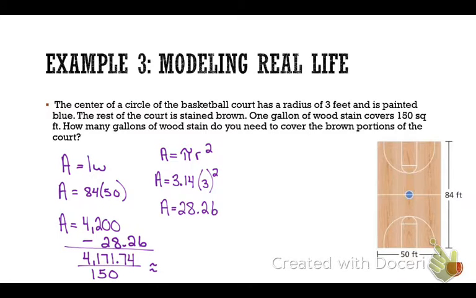Okay, now here's the catch. This is modeling real life. This is where you have to use your reasoning skills. When you do that division, what does that look like? It's a crazy decimal. Do the division. 4,171.74 divided by 150.